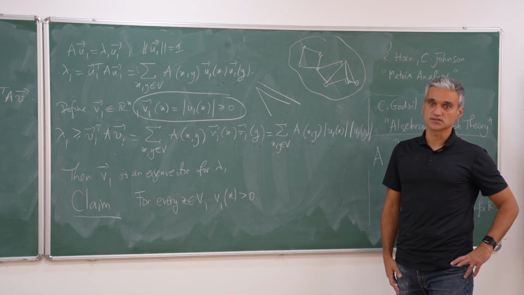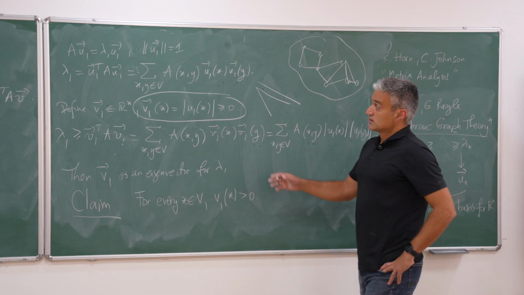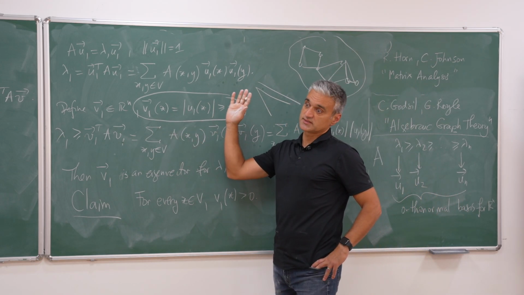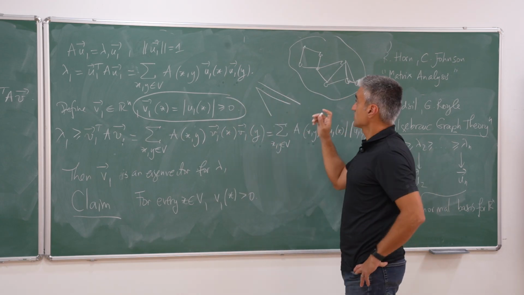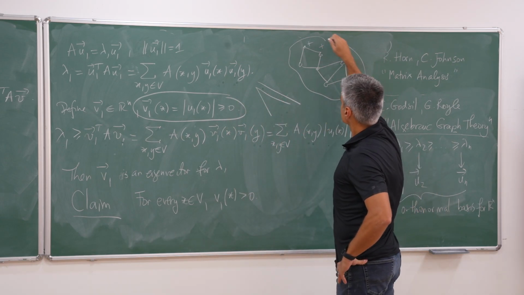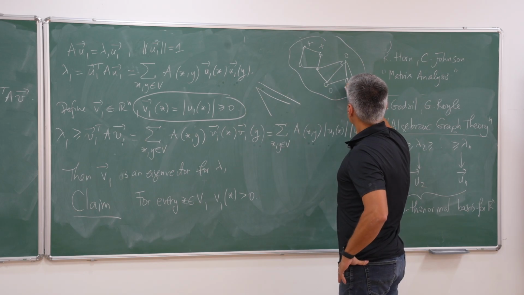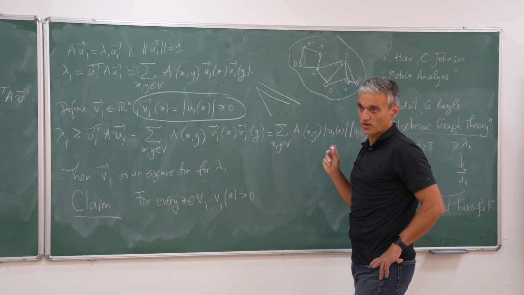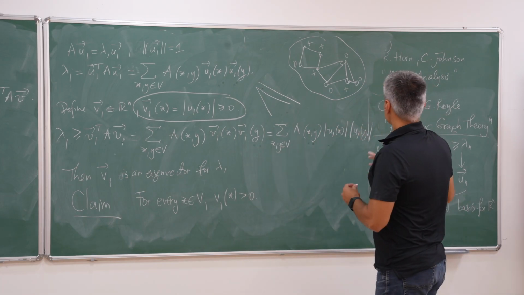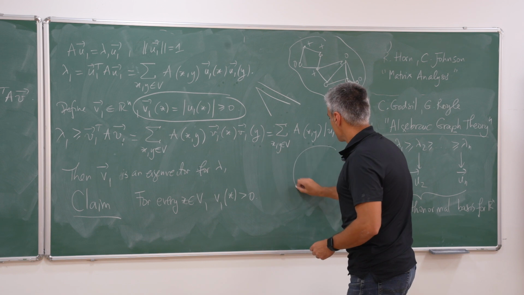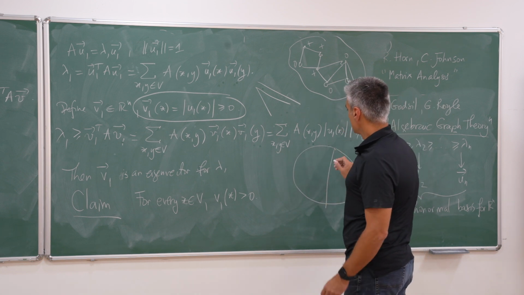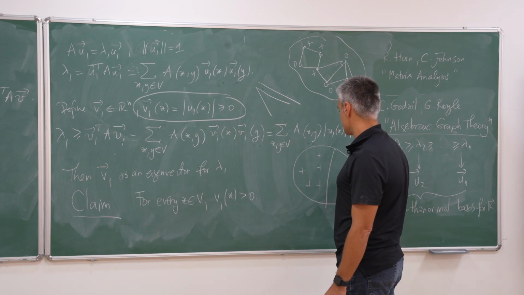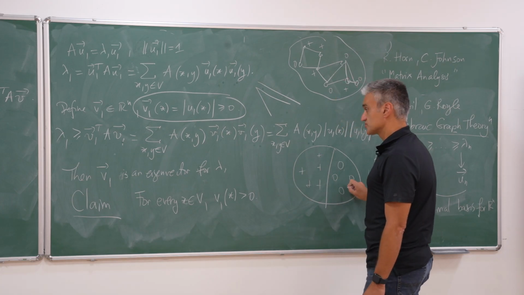Now, like I said before, because U1 is a non-zero vector, V1 is guaranteed to have some positive entries, but it may have some 0. So you can have plus, 0, 0, plus, 0, plus. It may not even be right. But you're guaranteed that you can split it. If that's the case, you can have all the pluses on one side and the zeros on the other side.